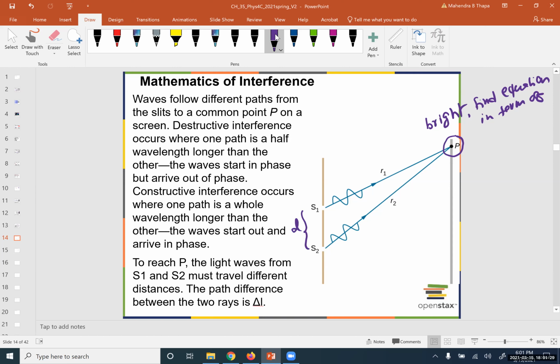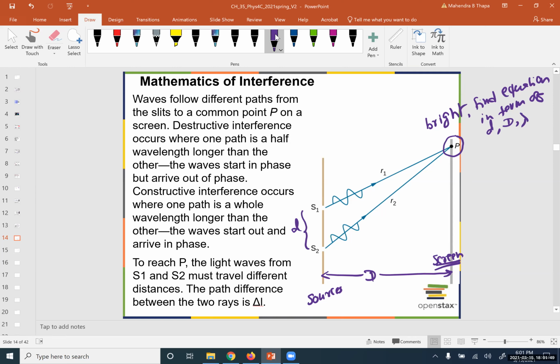Say this is D, or we can use any symbol. We can use the distance between source and screen. This is the source, this is called the screen, where we can see the pattern you see in the simulation, in terms of D and in terms of lambda.